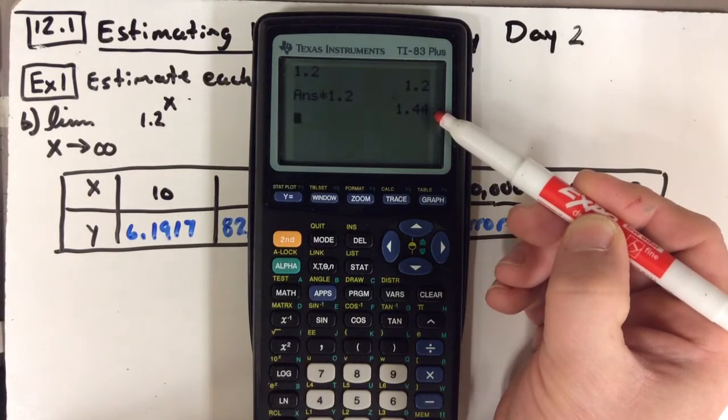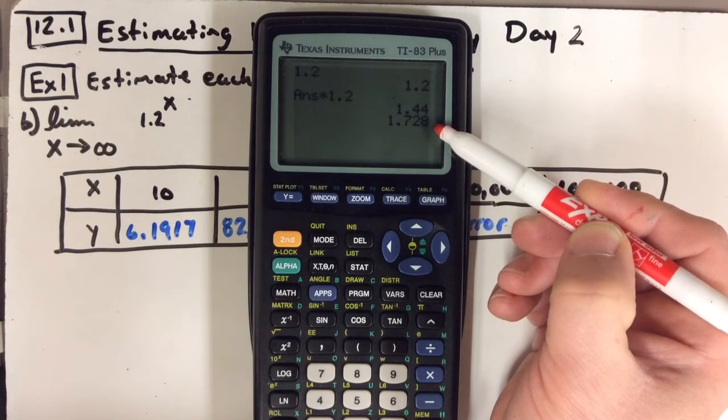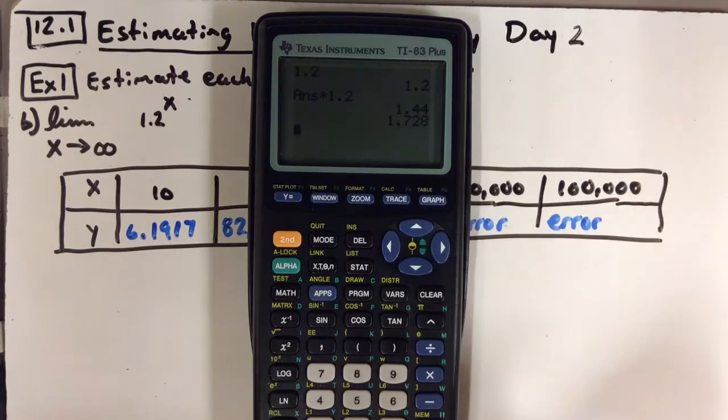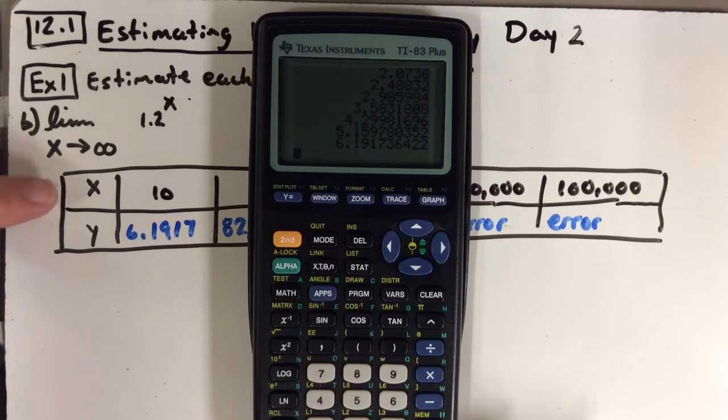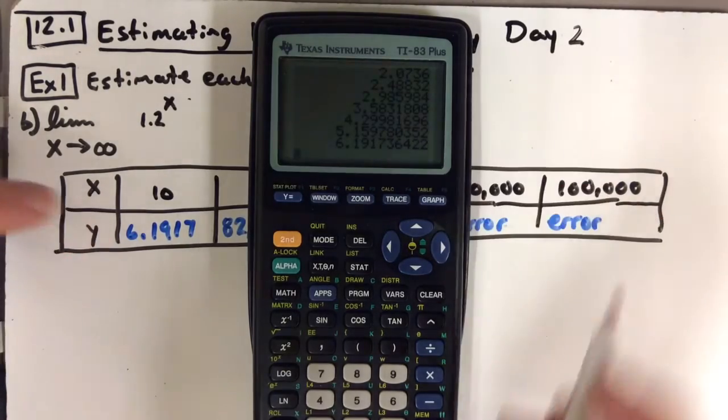If I hit enter again, it's going to take this answer and multiply it by 1.2 again. So 1.2 raised to the third power is 1.728. Raised to the fourth, fifth, sixth, seventh, eighth, ninth, 10th. There's that 1.2 raised to the 10th power that we've already entered into our calculator.